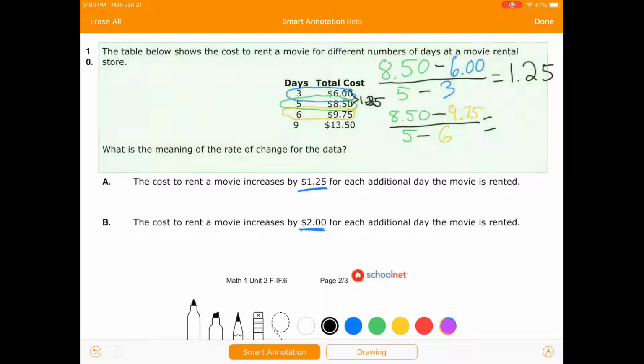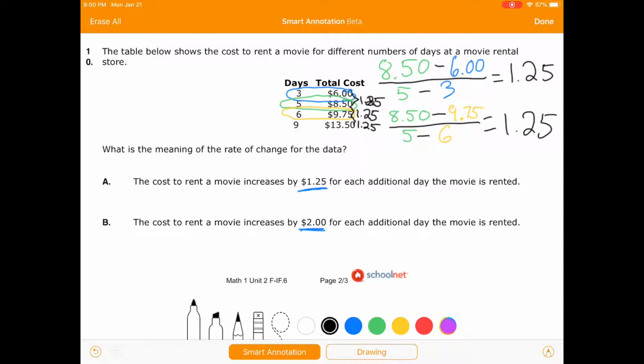Here you would again get 1.25. So what is this saying? The last one is 1.25 as well.